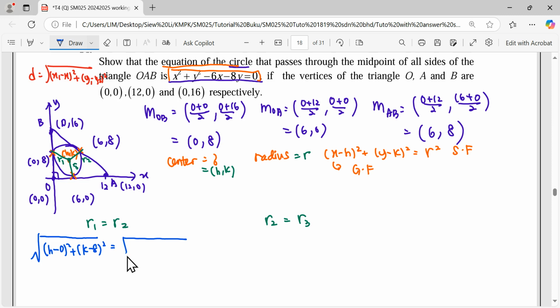And R2 is the square root of (h minus 6) squared plus (k minus 0) squared.